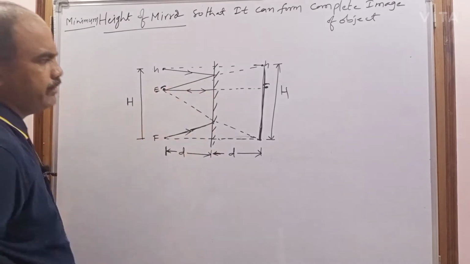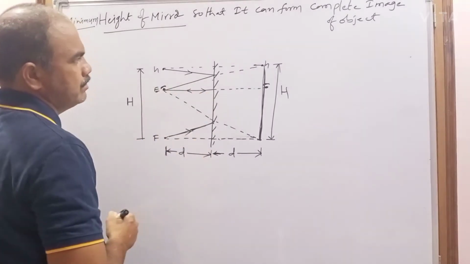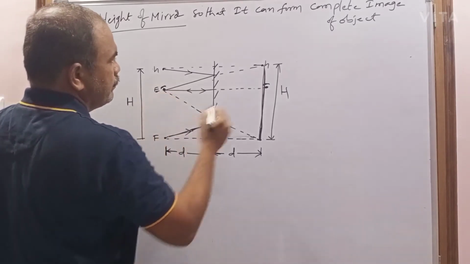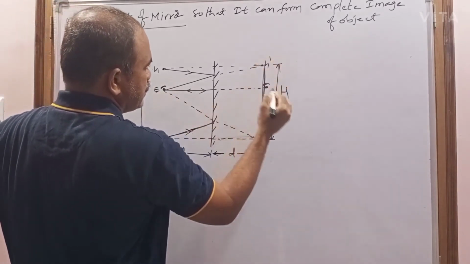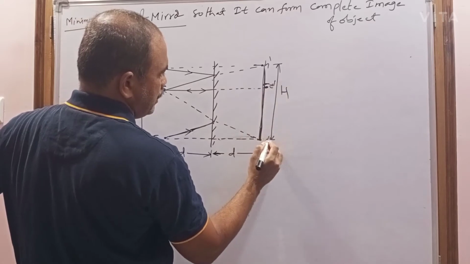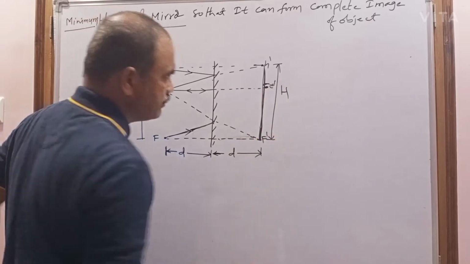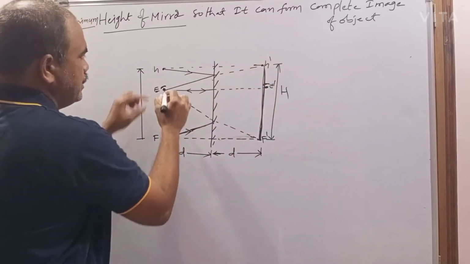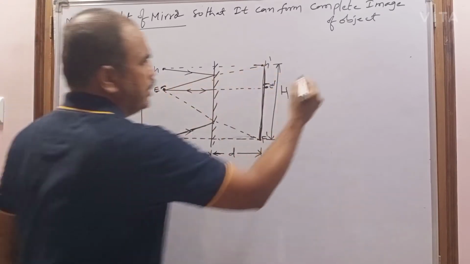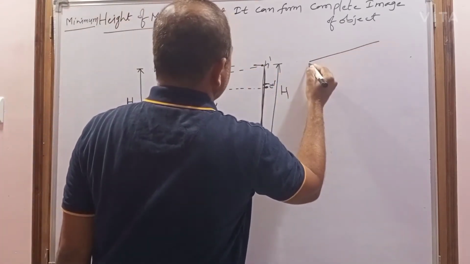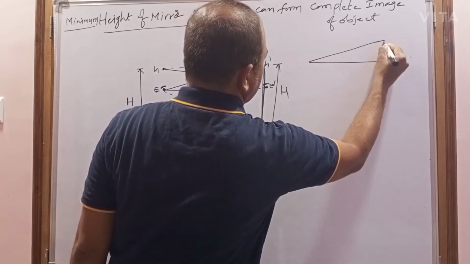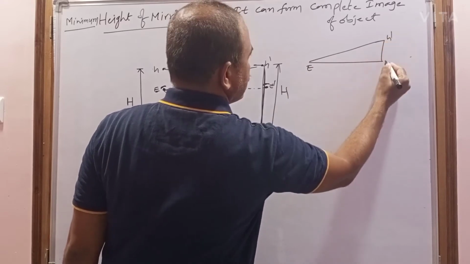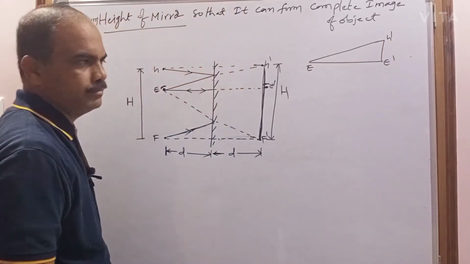But when the image is formed, you can observe there are two triangles. One is E, let us consider this H dash, and this is E dash, and this is F dash. E, H dash, E dash is a triangle. Now I am writing here E, H dash and E dash.